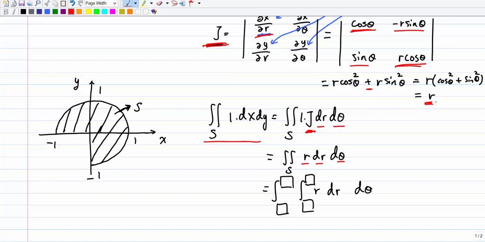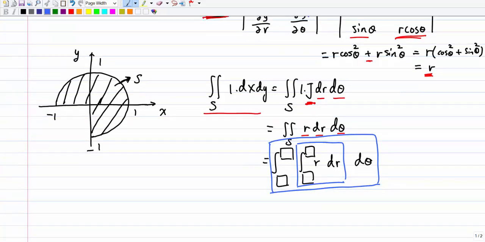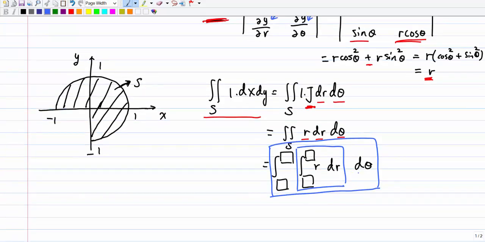Now we can use the double integration method I mentioned before. The same procedure applies: you have an inner integration over here and an outer integration over here. For the outer integration, we just figure out the angle. Remember, this angle is your theta. What is the smallest and largest theta needed to cover the region?